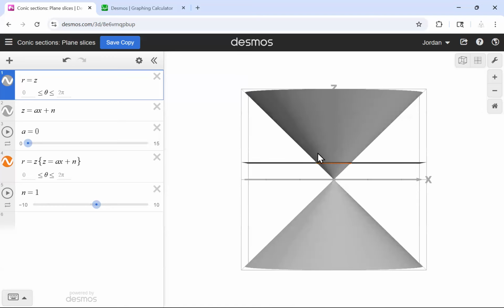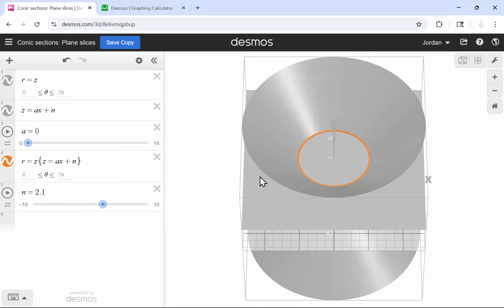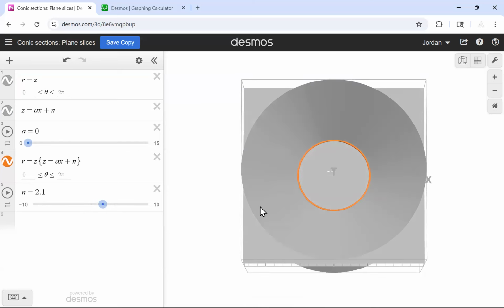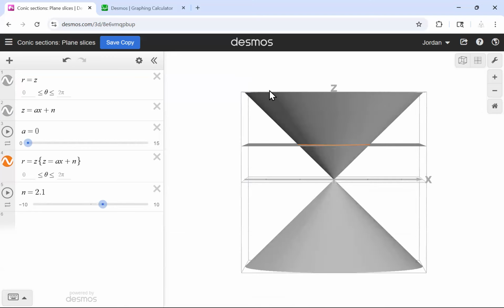Obviously, if I move this plane up along the cone, I still get a circle, just with larger radius. So every circle can be formed by cutting a plane through the cone at slope 0.